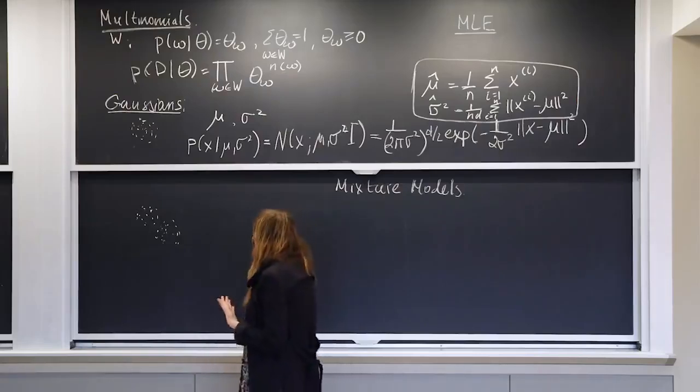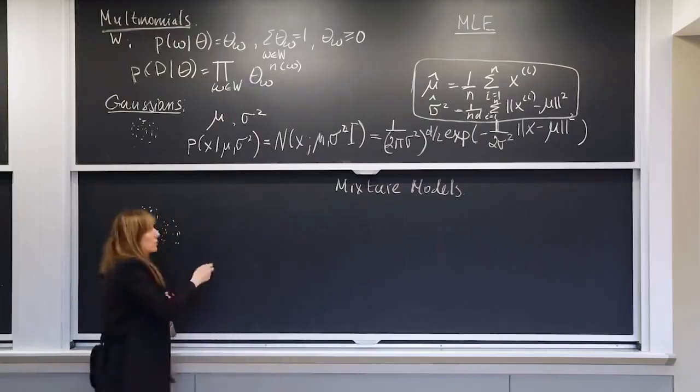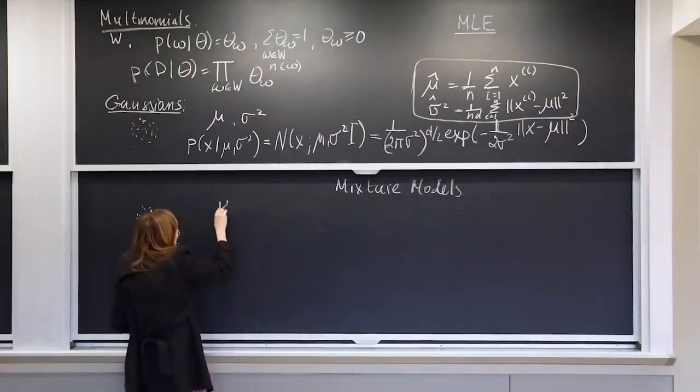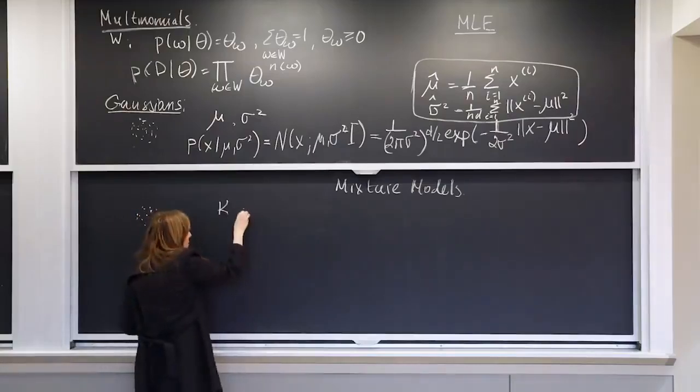When we are talking about mixture models, we assume that we have several mixture components. Each one of them will be a Gaussian. So let's say K is the size of our mixture model.